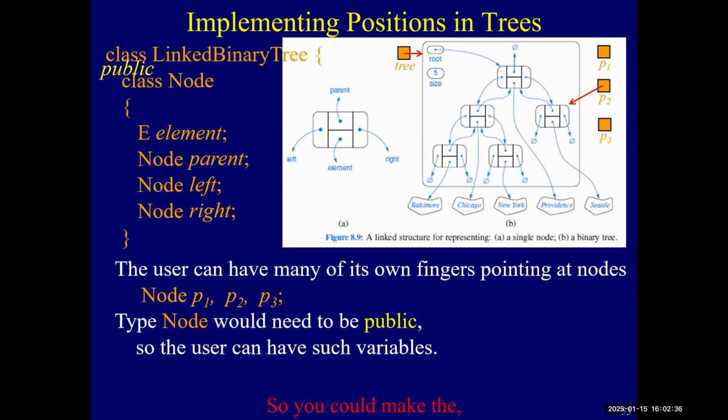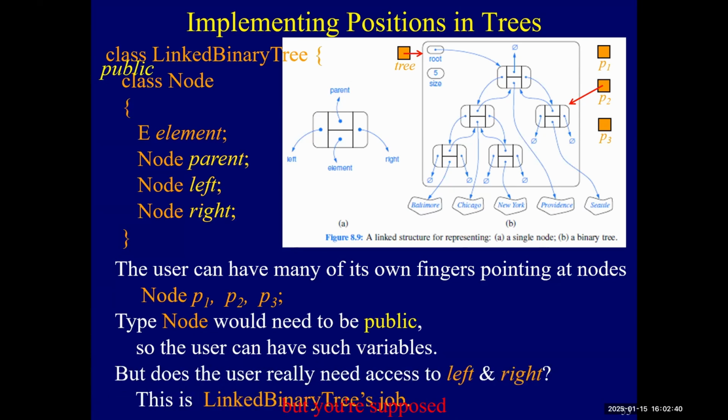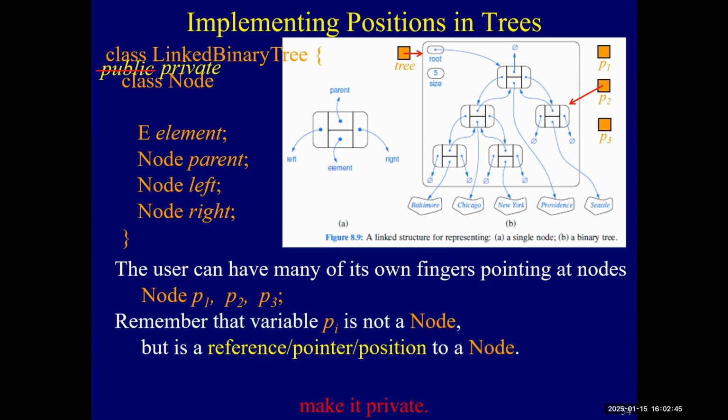So you could make the node public to the world, but you're supposed to hide it. So instead, you make it private, and then the outside world can't talk about a node because it doesn't know it. So it thinks about it as a position.